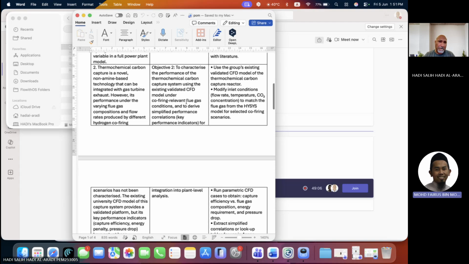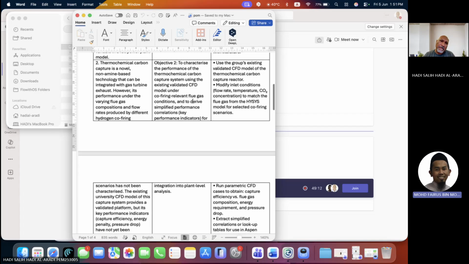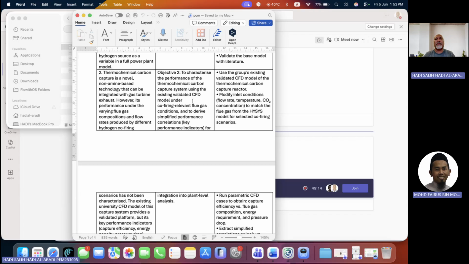So that means we will not fall into the trap of being stuck with any company that doesn't give us permission, because we don't do CFD on their combustor. Yes, we are good in terms of risk in our project.